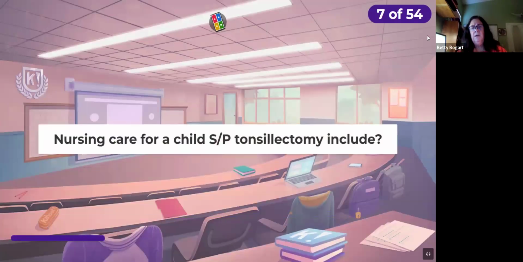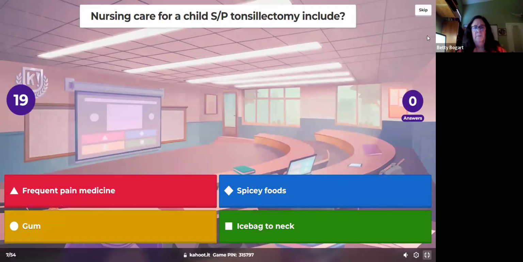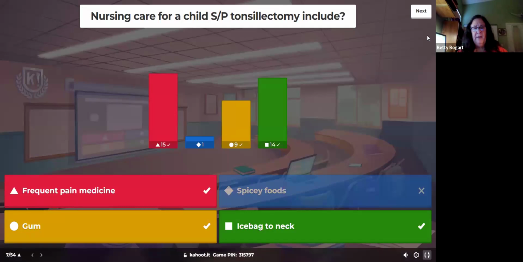Multi. Nursing care for a child status post tonsillectomy includes. Again, these are things you would have to teach the child and the caregiver. So we'll give pain meds as ordered, okay?